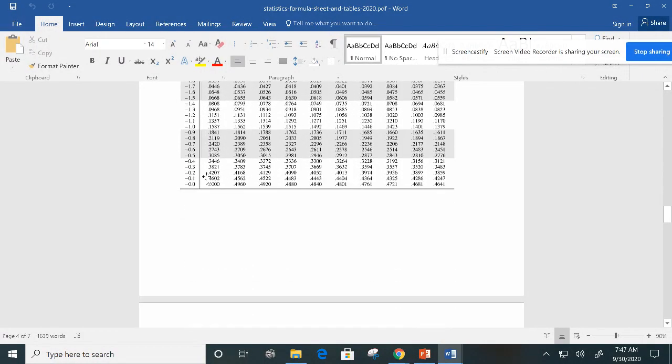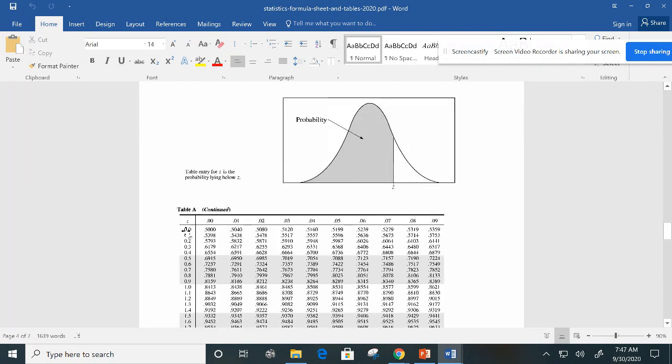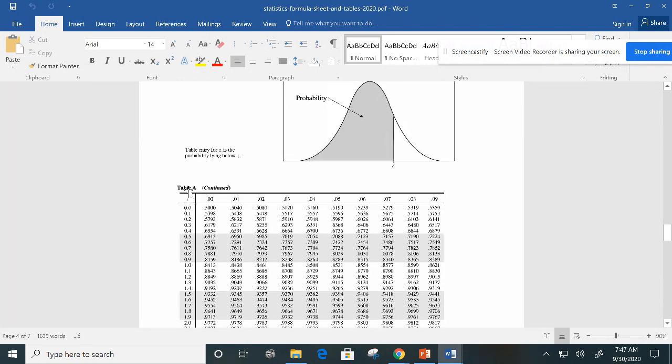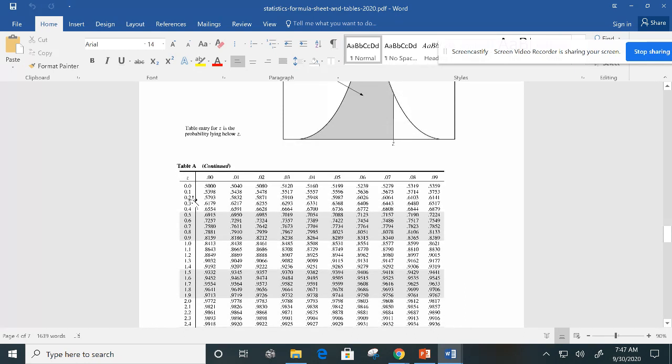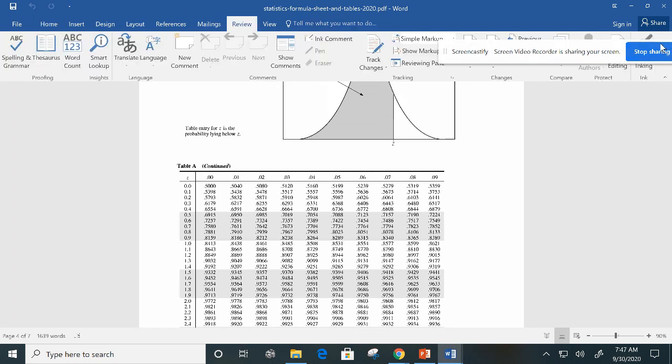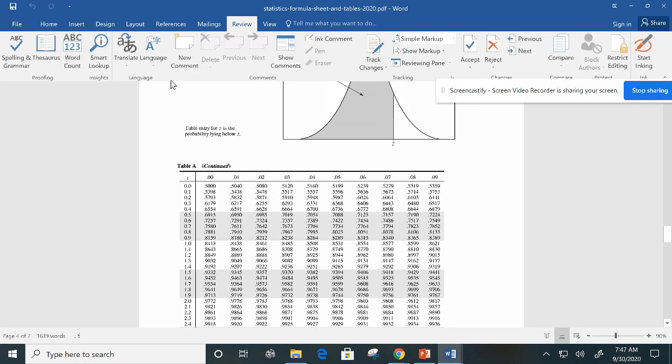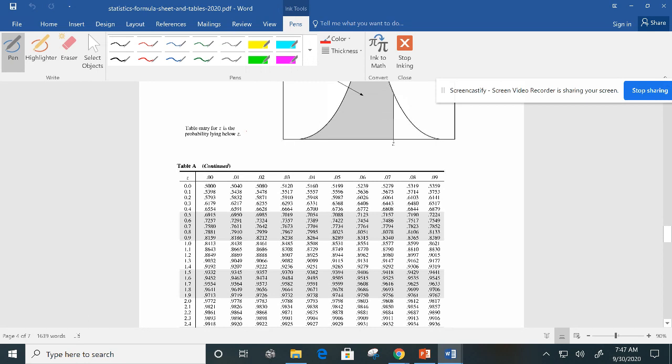When you're using the standard normal table, you're going to find the z-score that you're looking for. So for 0.81, we would go to 0.8, and then this is your hundredths digit. So we would go to 0.8, and then down to 0.81, and that would be the value there, or the proportion of observations that are below a z-score of 0.81.